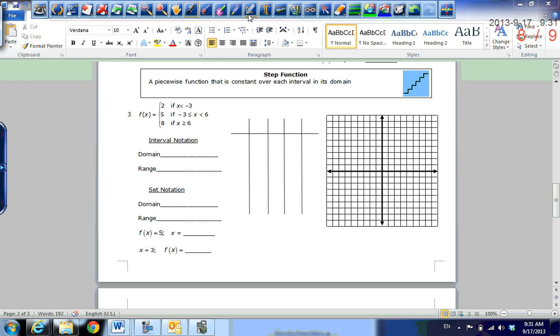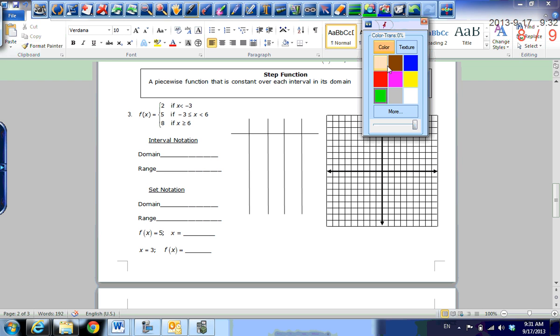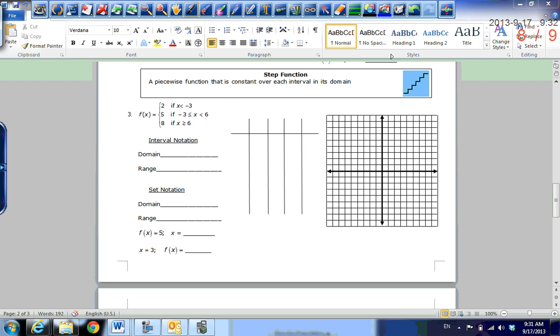Y'all are doing great, I promise. Doing awesome. Okay, this is called a step function for a reason. It looks like a staircase. So I got a little picture of a staircase of it.